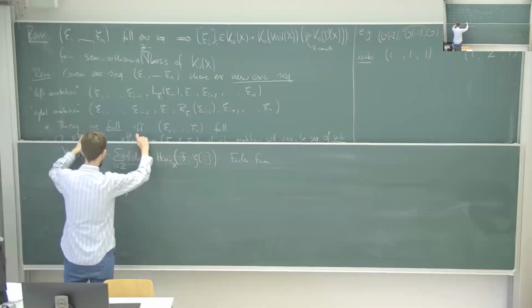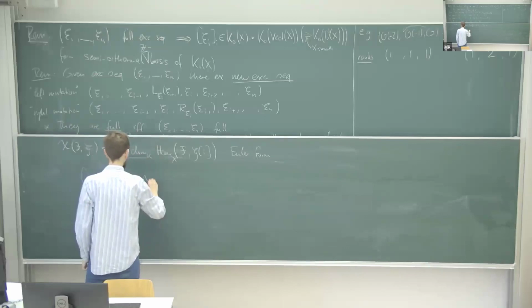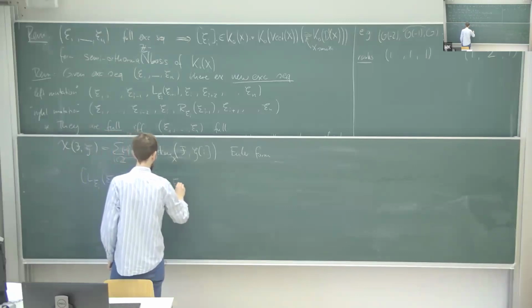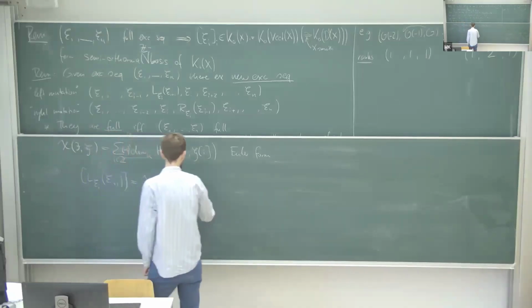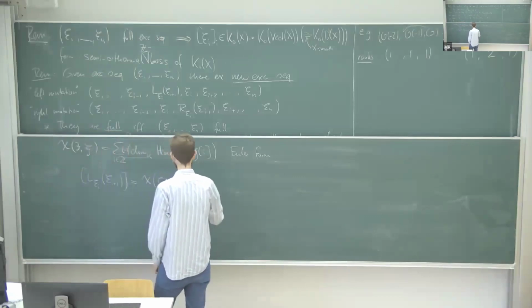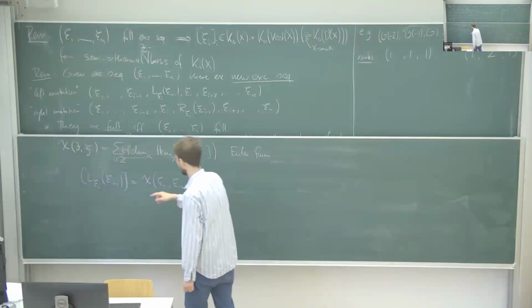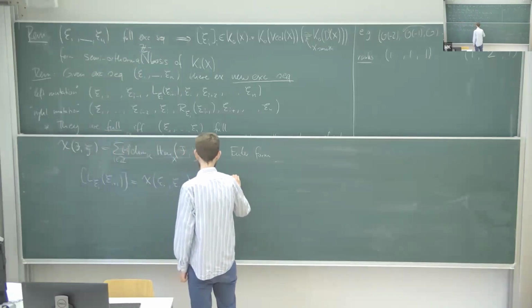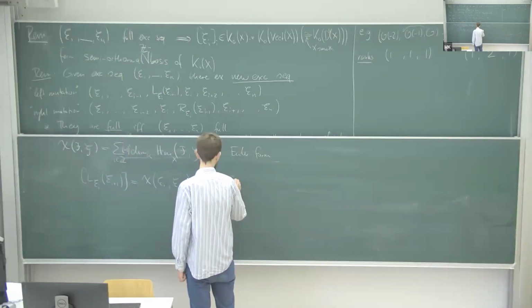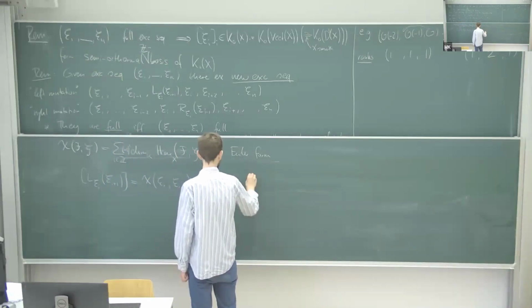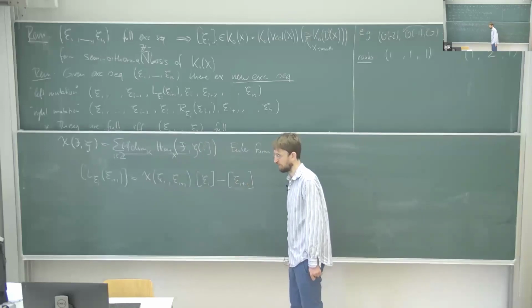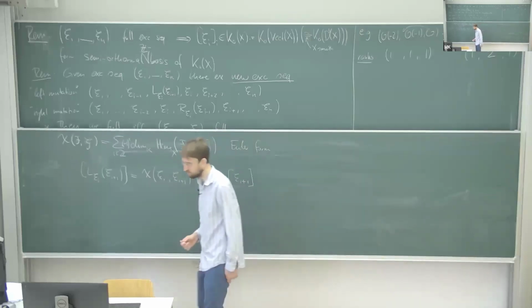So this should be, you take the Euler pairing from E_i to E_{i+1}, times, so this is now an integer, right? So you can multiply it with the class of E_i, and then you subtract the class of E_{i+1}. If I'm not mistaken, then this should be the way to write it down. Is that okay? Oh, thank you.